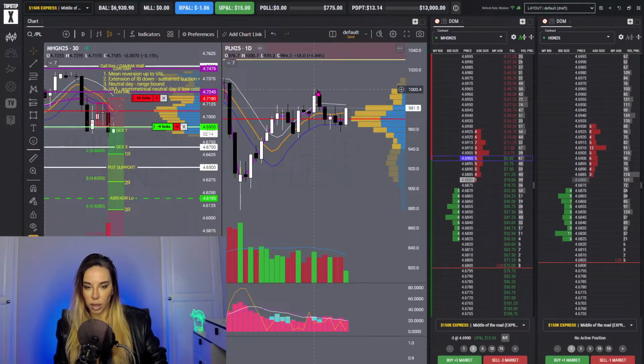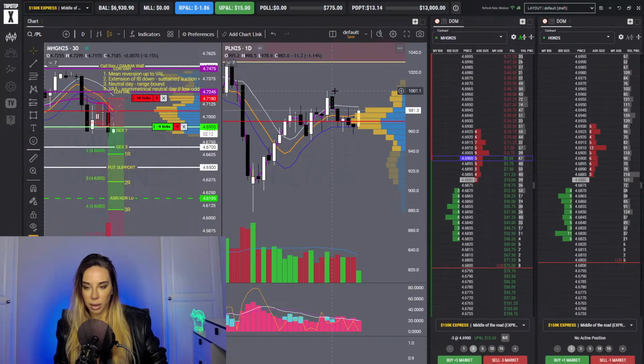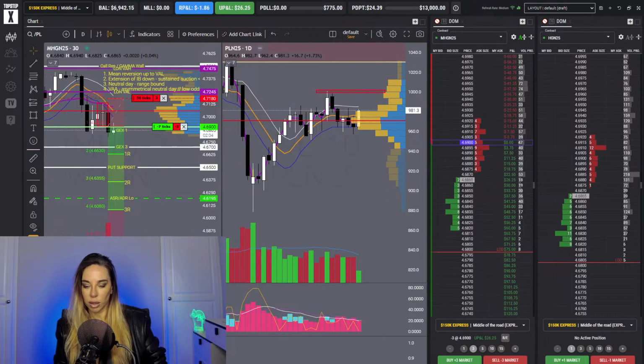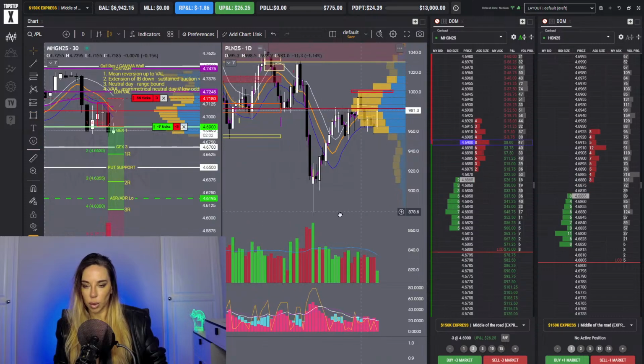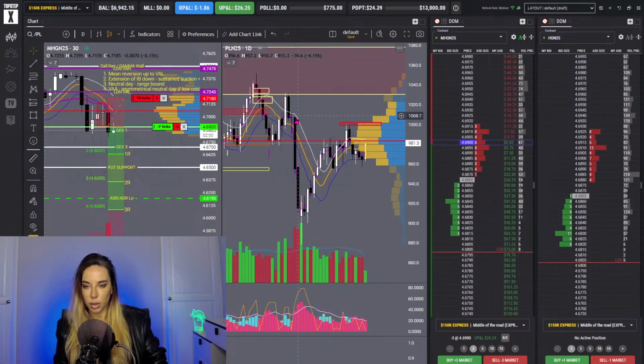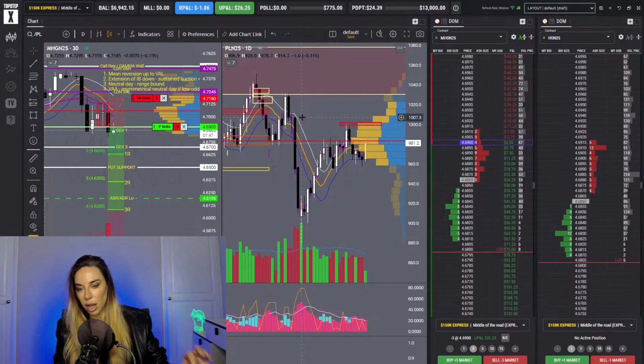But if we get up to this former high, I would really not be super opposed to selling that, because we also have an originating base drop supply around about there. That's a technical supply, not the physical one. And that's actually even higher, around 1,007.3 to be exact.